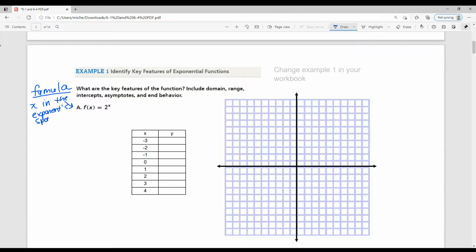It could be x, it could be x minus 2, x plus 3, 3x, 4x, but as long as there's an x in the exponent spot, then we call it exponential.